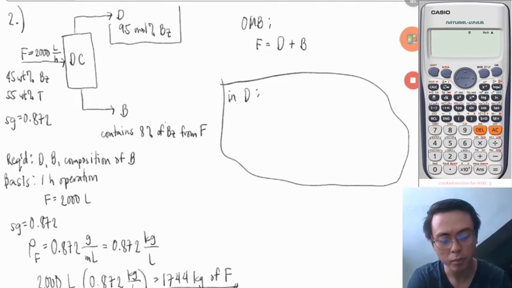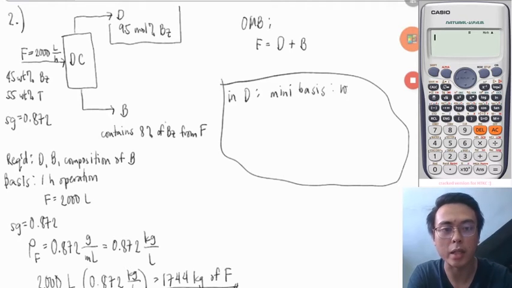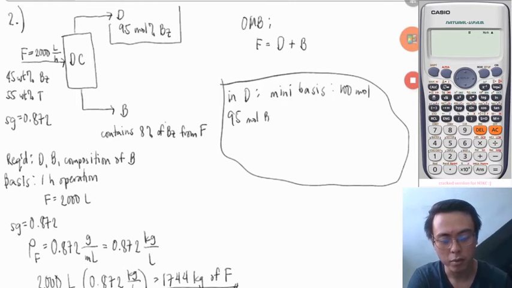Okay? Let's choose a mini basis for D. The most convenient basis in this case is 100 moles because D is in percent by mole. That means that we now have 95 moles of benzene and 5 moles of toluene.